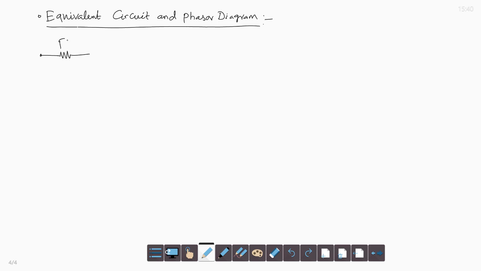We have the stator resistance RS, stator leakage inductance LS, mutual inductance LM between stator and rotor, and we neglect the rotor leakage reactance, just for understanding, for the time being.